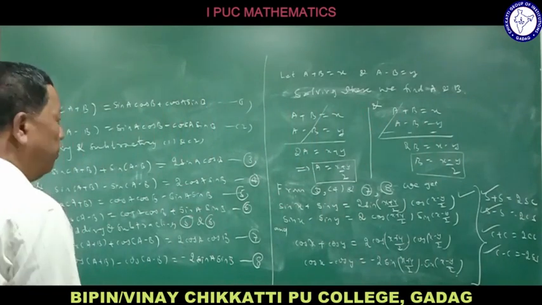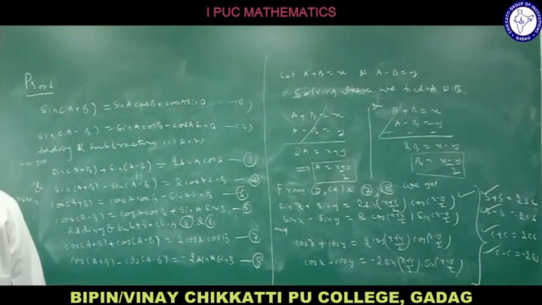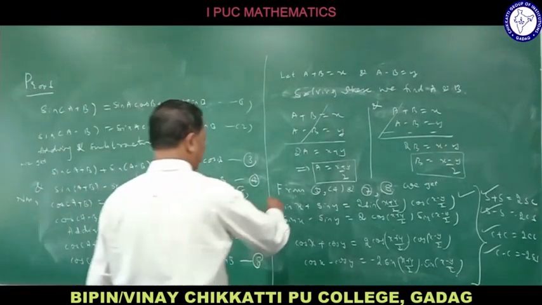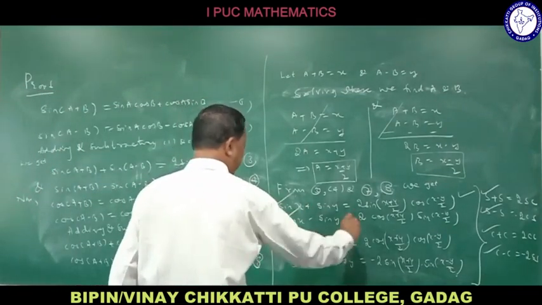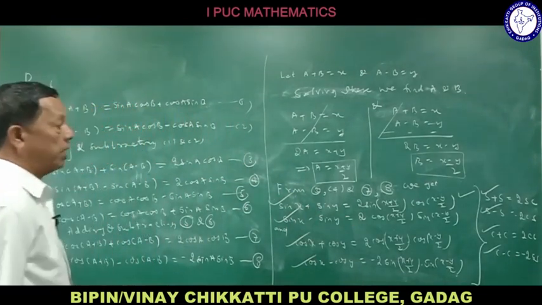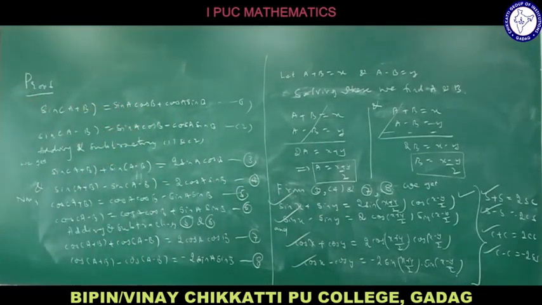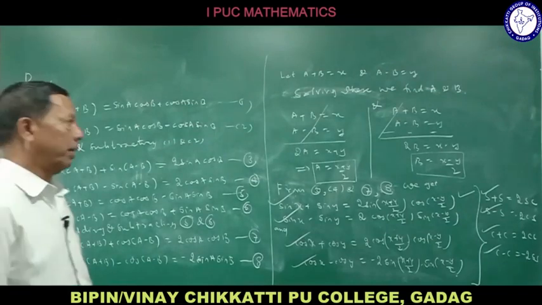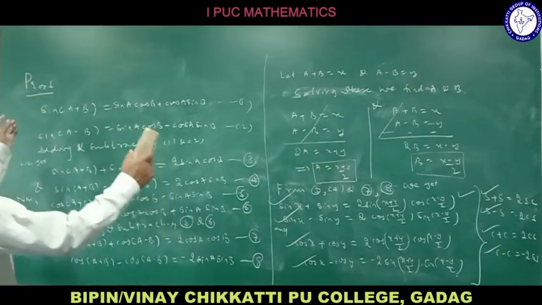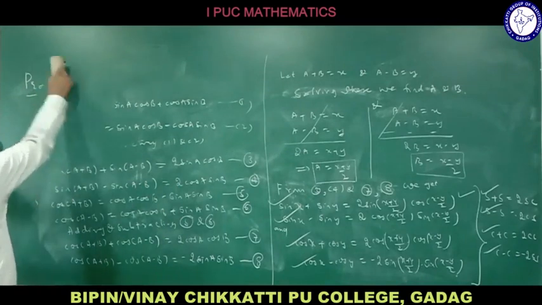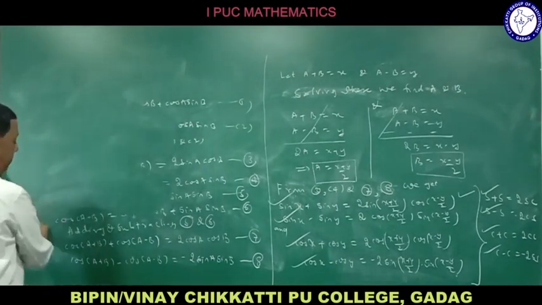This is the way you have got the formulae, what do we call that, sum to product. Now I am going to see product to sum. Once again, I hope these 4 formulae, 1, 2, 3, 4, are to be remembered. These are called transformation formulae that transform sum to product. Now I want to see finally the second theorem, product to sum.